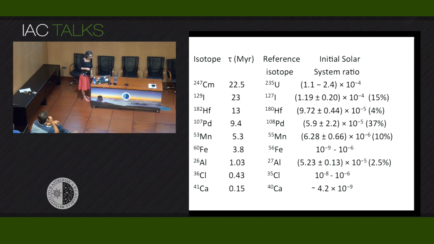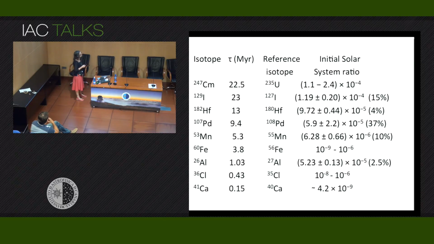This is a list which is not extensive, it is not the complete list, it's just to give you some examples of what are these radioactive nuclei for which we can derive the abundances at the time of the birth of the sun. I put here some of the more interesting examples.